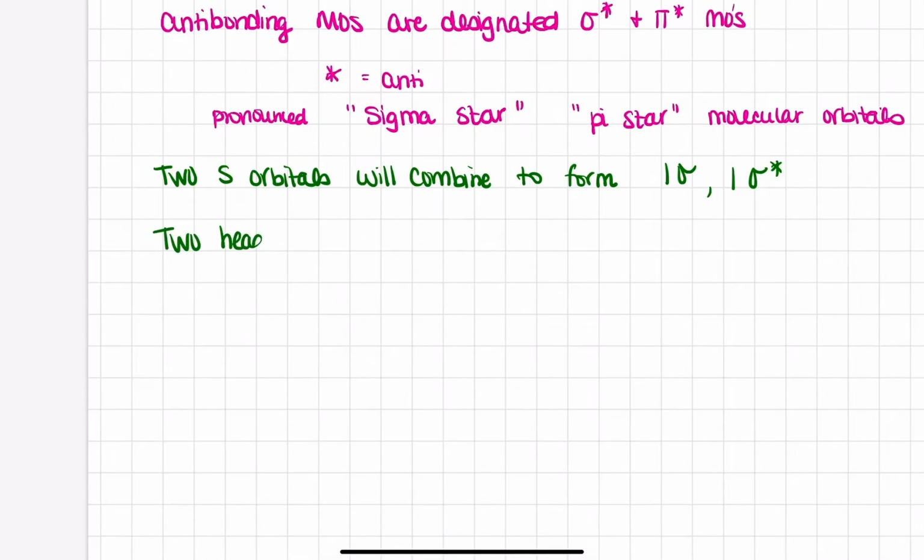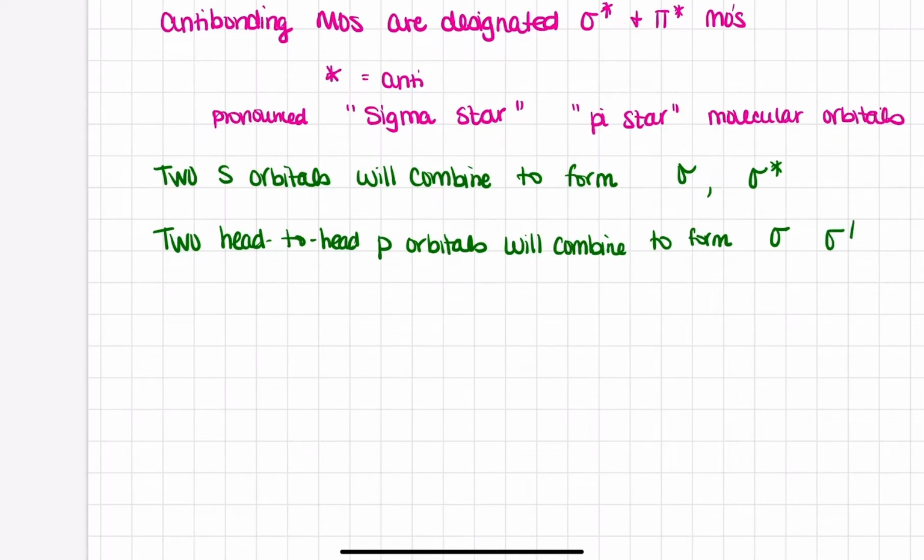Two head-to-head p orbitals will combine to form a sigma. They don't have to be 1 here. I meant just one in general, not like the numbered one, not like 1s. But they form sigma and sigma star.